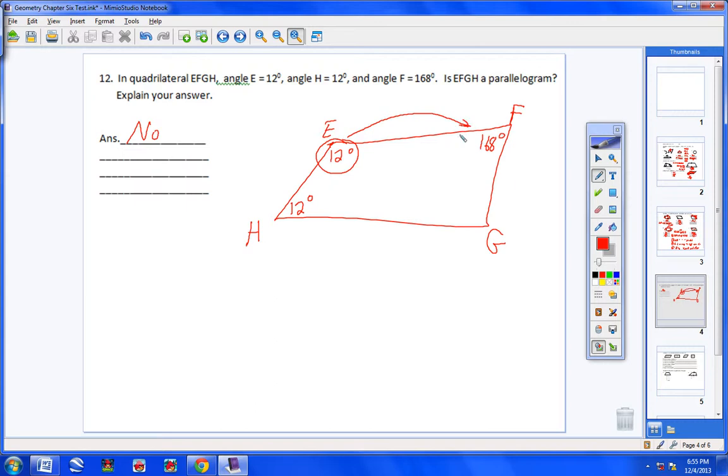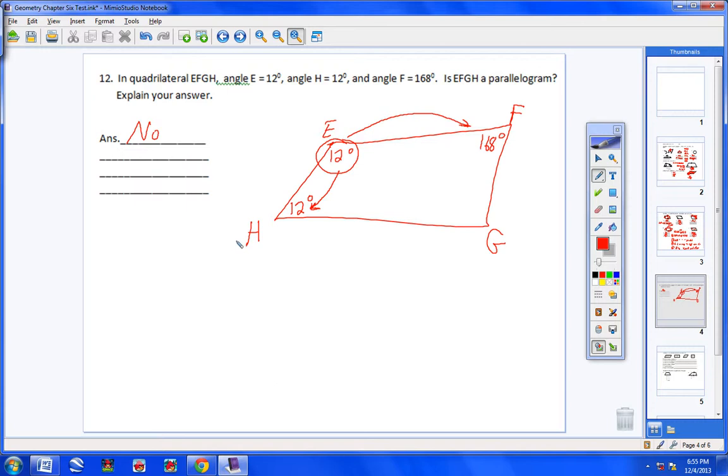That means they must add up to 180, and this angle here must be supplementary to this angle right here. Well, it's true. 12 plus 168 is 180. So far so good. But 12 plus 12 is not 180. So no, this is not a parallelogram.